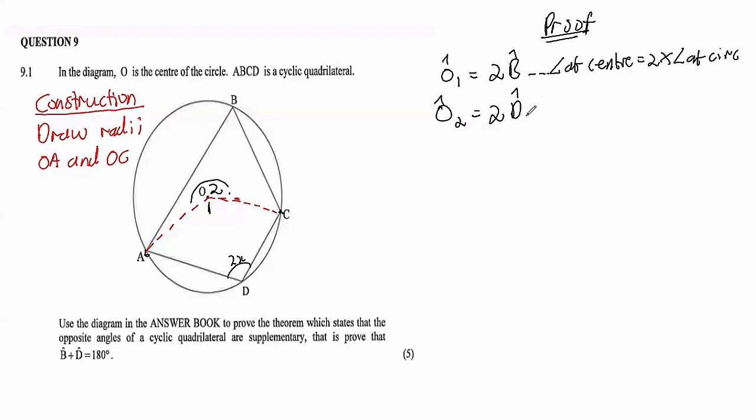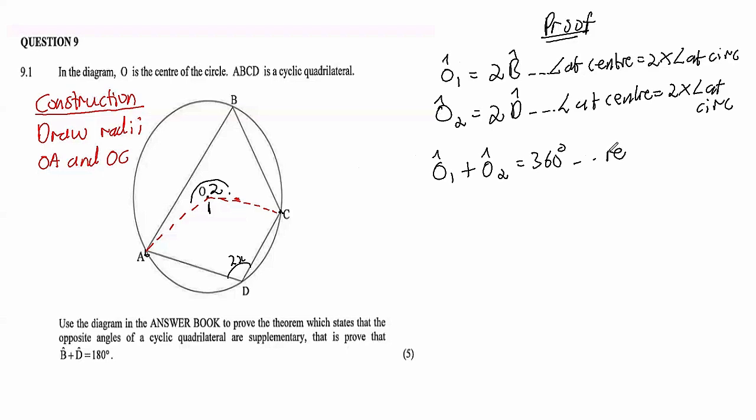So that means, again, the same reason, angle at center equals 2 times angle at circumference. But then remember that angle O1 plus angle O2, since these are angles around a point, they would have to give us 360 degrees. So you say revolution angle. It's a revolution angle, or you might say angles at a point.